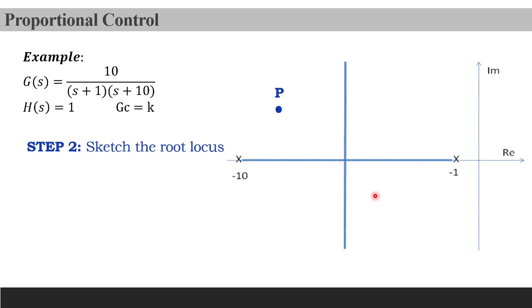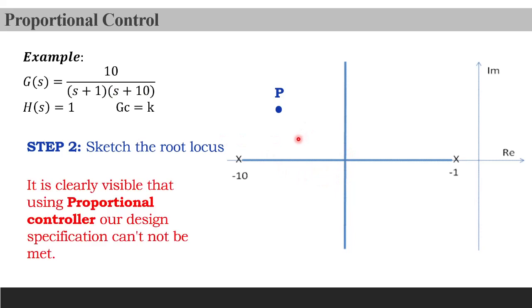All right, so I have plotted this plant function, or the cascaded plant function. If I multiply k with this whole function, it would be 10 times k and the whole value, and if I draw its root locus, it would be like that. But now you can clearly see that the design point is not passing through the root locus.